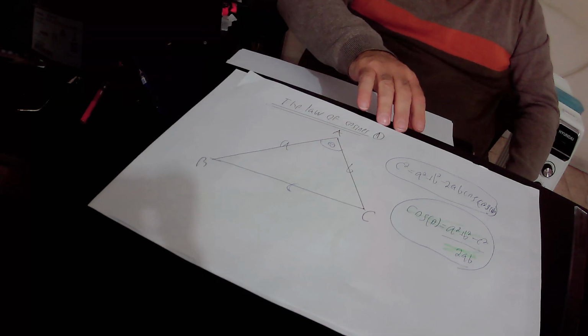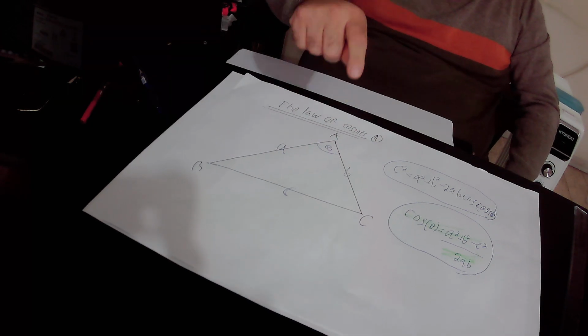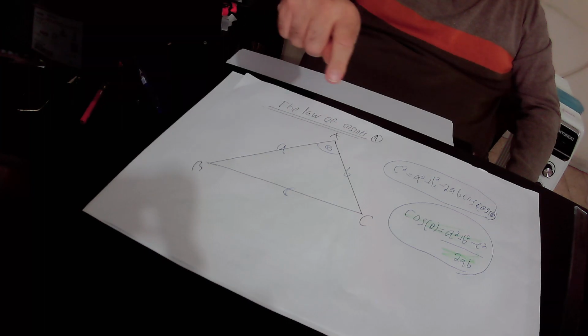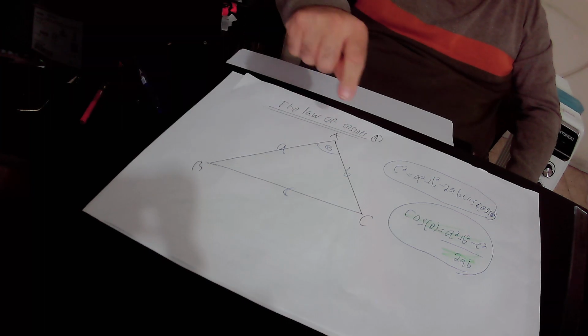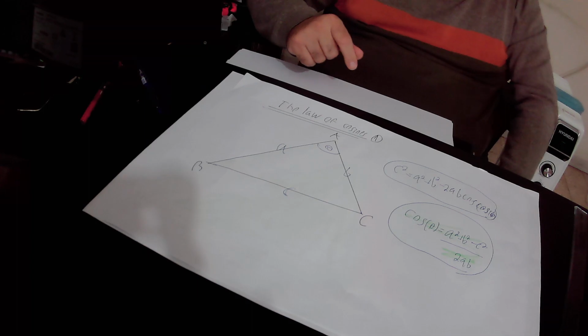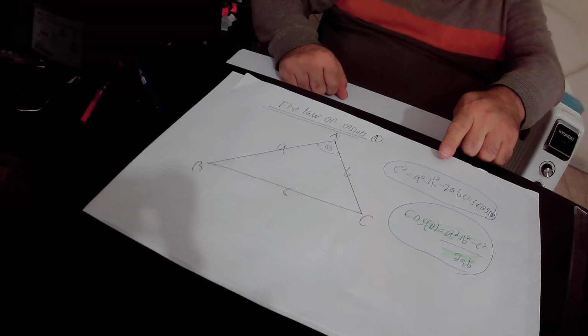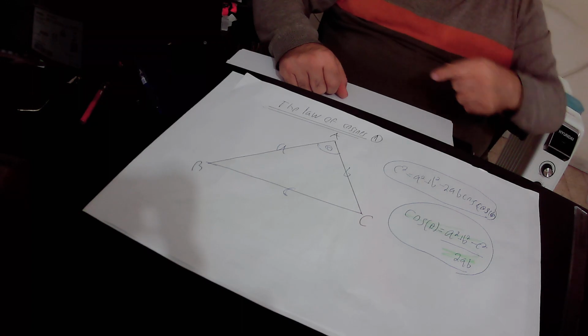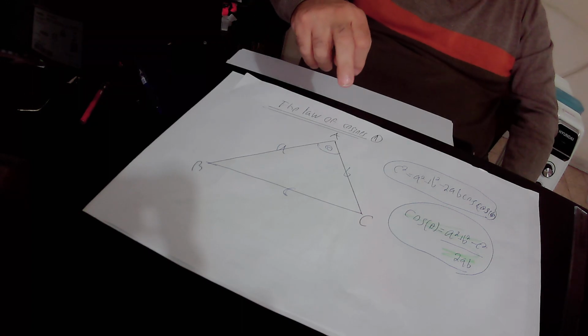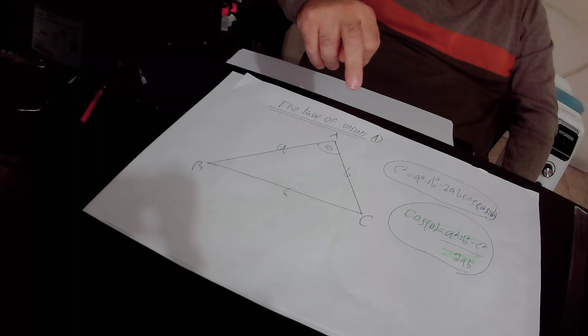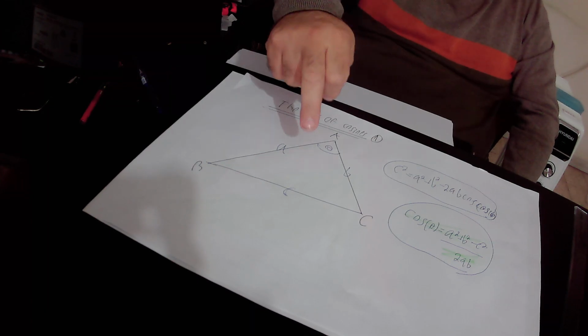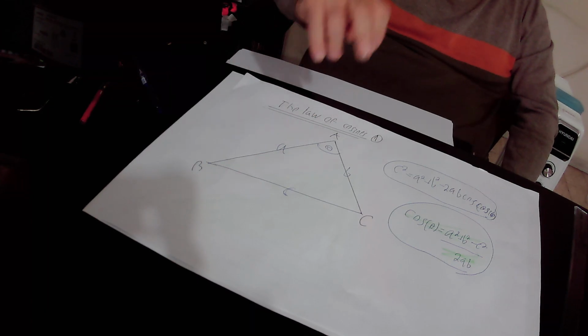Then according to the law of cosines, the following equation is true: C squared equals A squared plus B squared minus 2 times A times B times cosine theta. Then it is very easy to arrive from this equation to this equation. So we found out that cosine theta, according to the law of cosines, equals A squared plus B squared minus C squared over 2 times A times B.